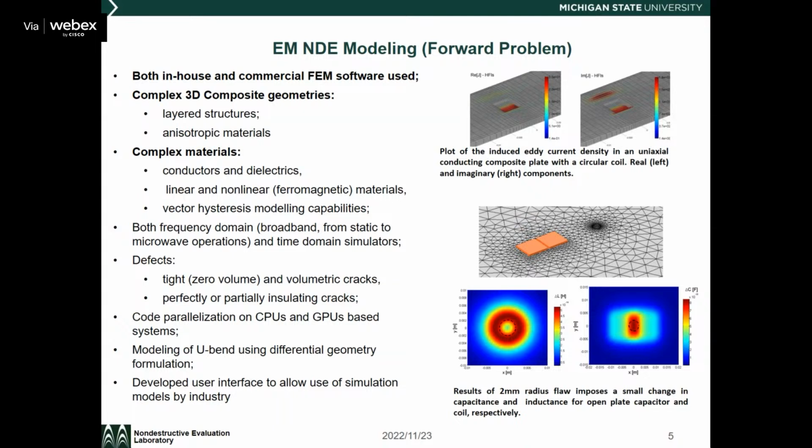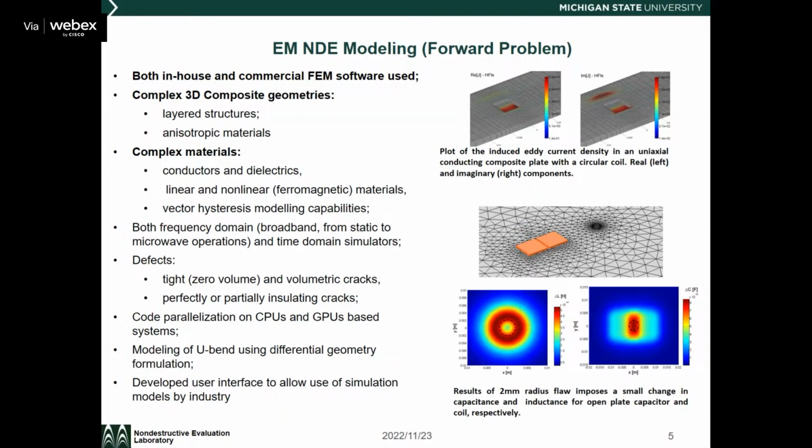Okay, then let me continue on the modeling. Then you can also study this simulation in both frequency domain and time domain. Of course, you'll see why we want to do that for different applications. You can understand different types of defects there. And now we deal with a lot of code computing, everything parallel, parallelization using CPU and particularly GPU.